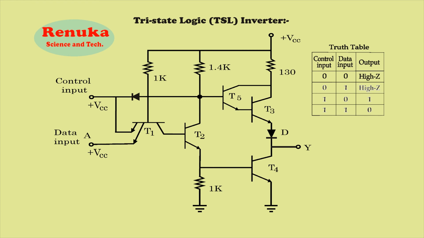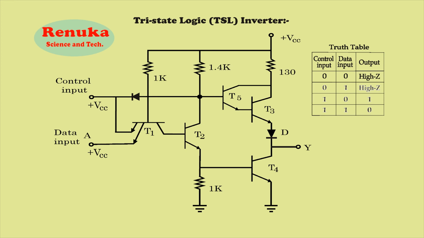The base of transistor T1 is also connected to plus VCC through the 1 kilo ohm resistor, and the emitters are also connected to plus VCC. Due to which the emitter diodes of transistor T1 are in reverse bias, as both the P type and N type are getting the same magnitude voltage, so no current is flowing through the emitters.